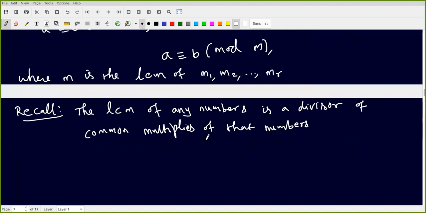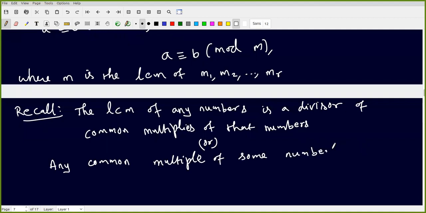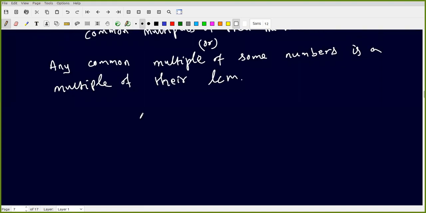Or in other words, any common multiple of some integers is a multiple of their least common multiple. So we prove the result using this property.